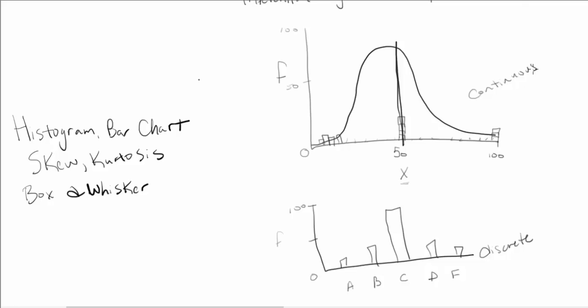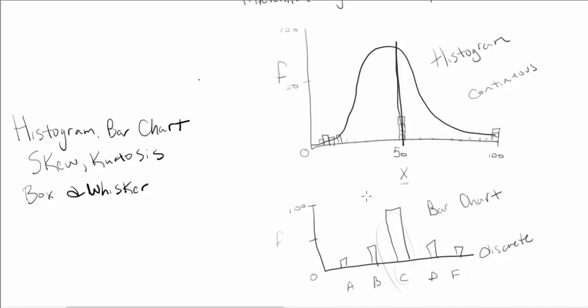With discrete, you can be in one category or another. So you either have an A, a B, a C, D, or an F, and we look at how frequent each of those is. Most people are in the C range, so that's supposed to be about average, right? So this is a bar chart. Bar charts are used with discrete data. This is a histogram for continuous data. These are essentially the same thing, except with one we have a certain kind of data, with another we have a different kind of data.